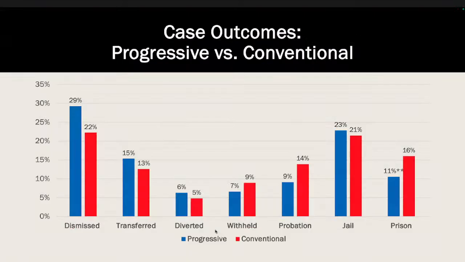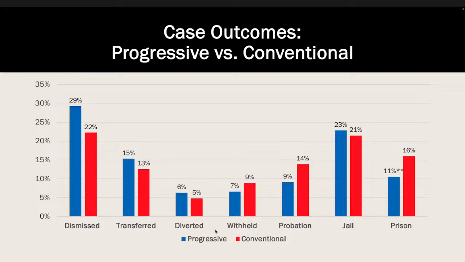The first thing we found is that there are stark differences in case outcomes depending on whether you have a progressive or conventional prosecutor. Progressive prosecutors were much more likely to dismiss, transfer, or divert a case. While none of these differences individually are statistically significant, if you add the probabilities of dismissal, transfer, and diversion, progressive prosecutors were more likely to not file a felony information in comparison to conventional chief prosecutors.